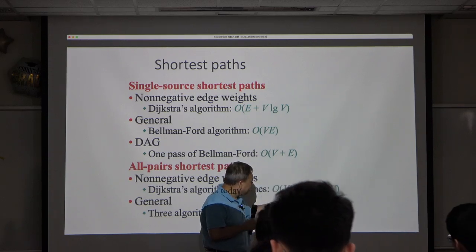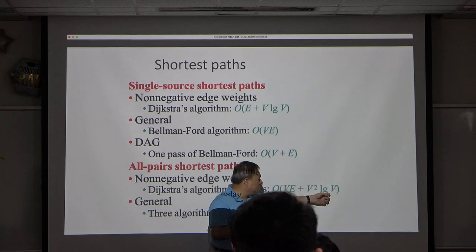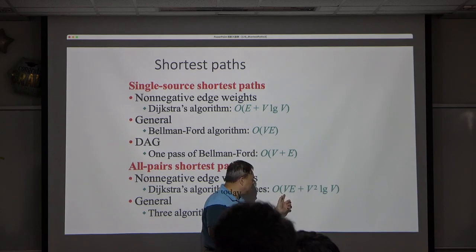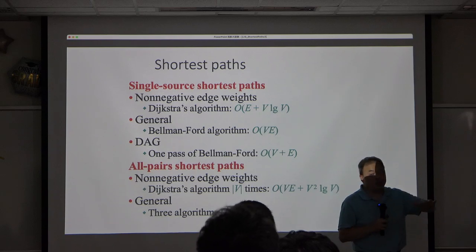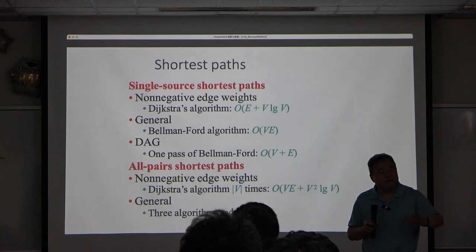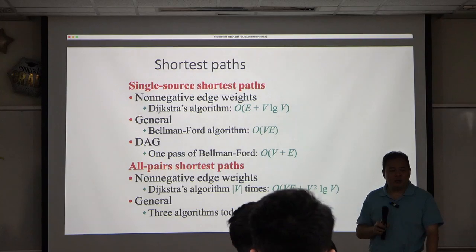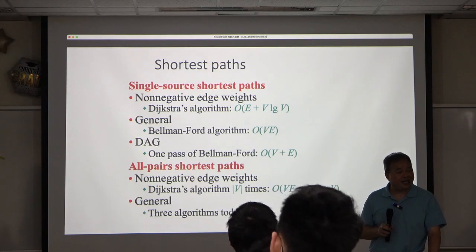And this one is n squared log n pretty much. If your graph is not dense, then this is considered cheaper than n cubed. So if we are able to use Dijkstra to solve the general case, wouldn't that be nice?